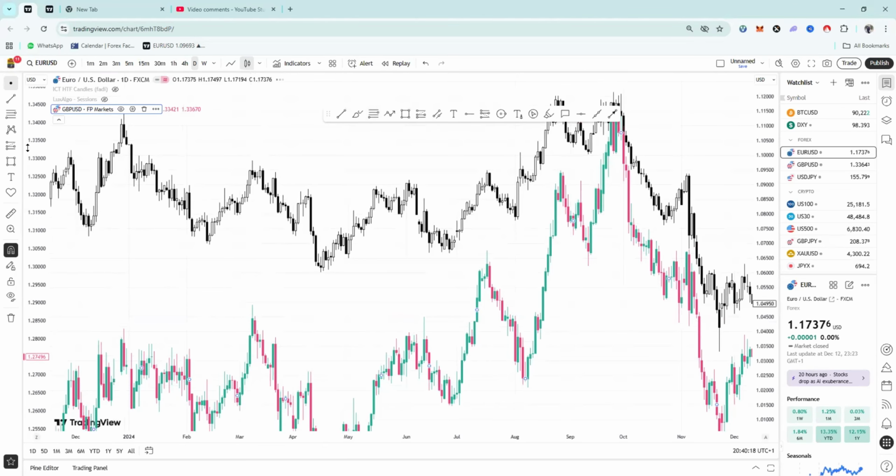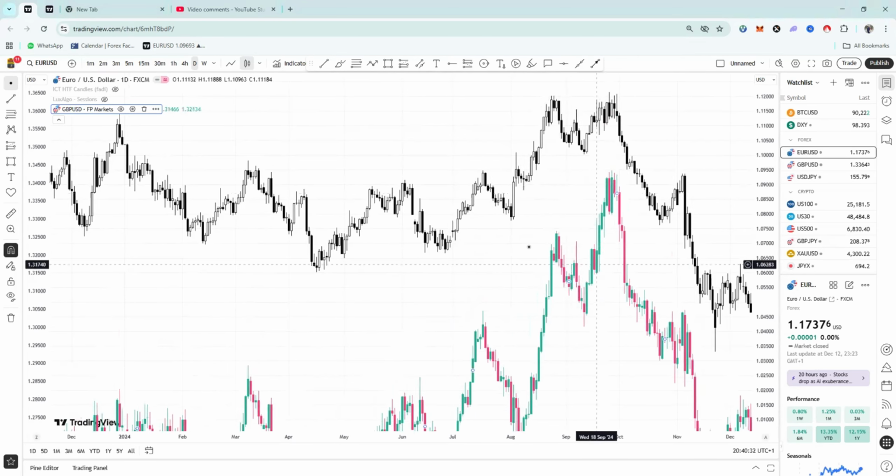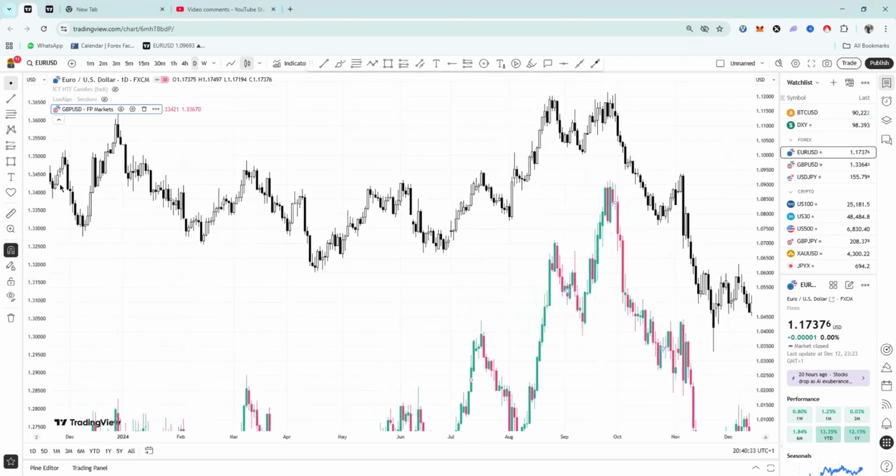Let's just say from this point here, you can notice that as of this level, you can see this push to the upside by GU, but Euro USD was not willing to actually push higher. And then when GU took out this high, look at Euro USD, barely not taking out the high, and that's why we see this kind of a fall.